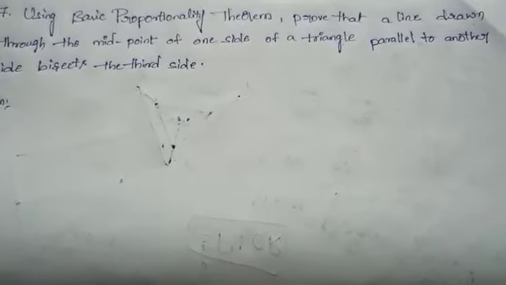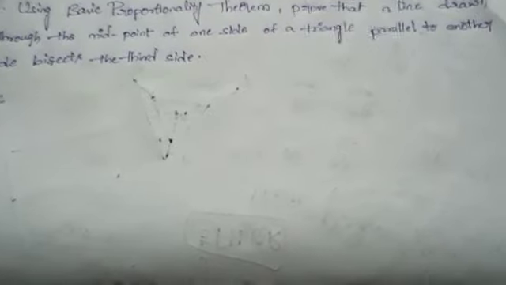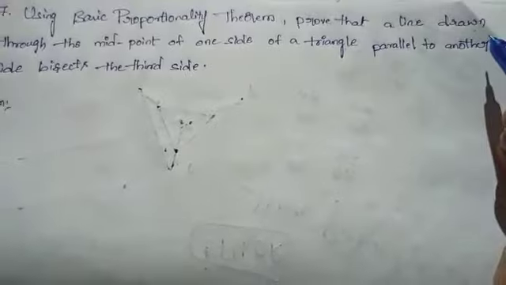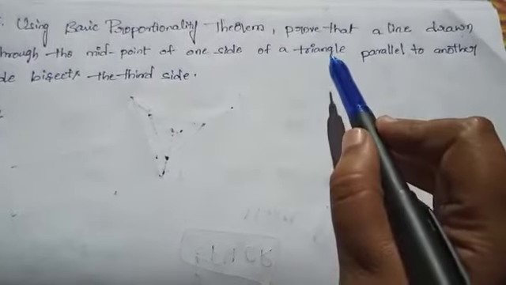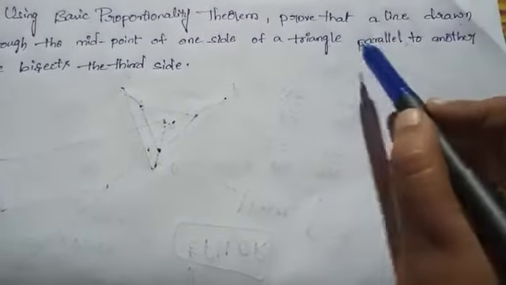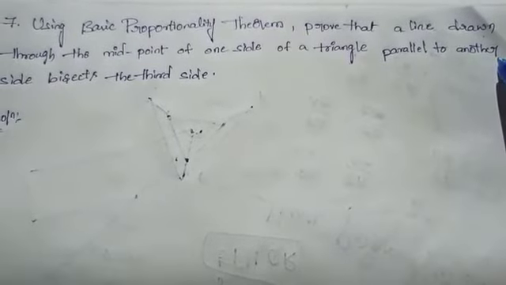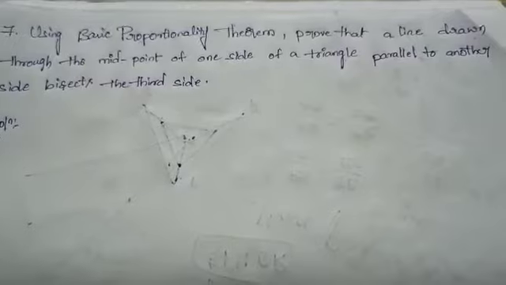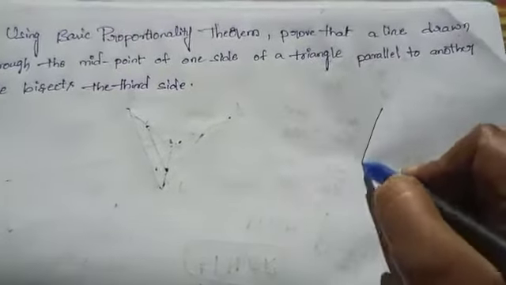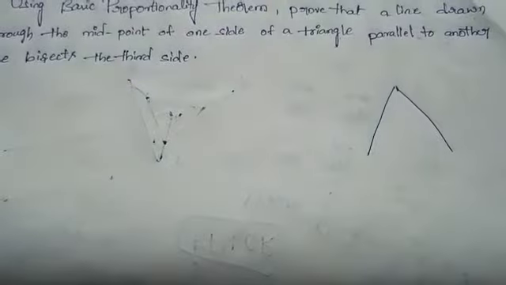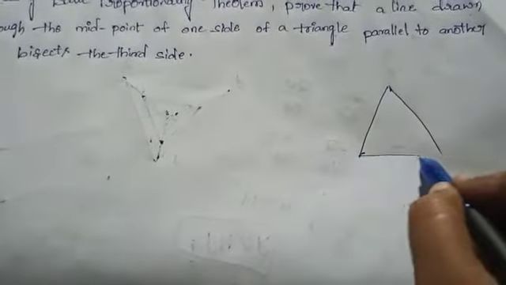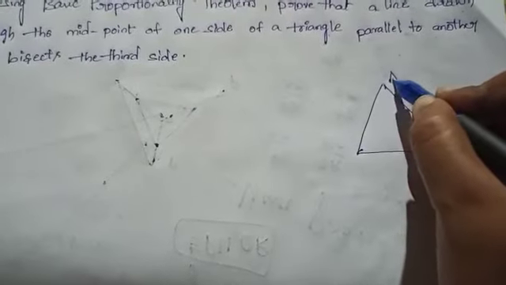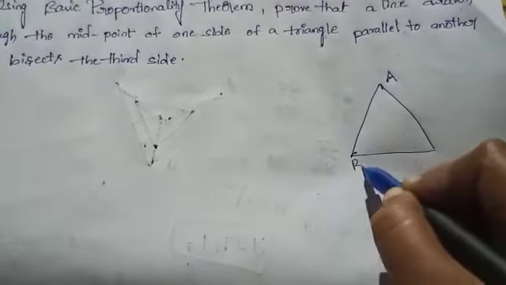Next example, using the basic proportionality theorem, prove that a line drawn through the midpoint of one side of a triangle parallel to another side bisects the third side. Okay, first draw triangle ABC.